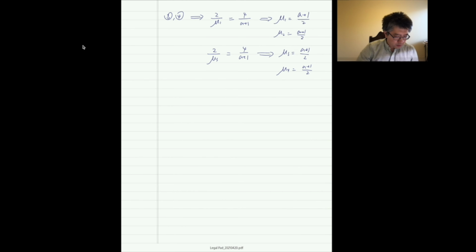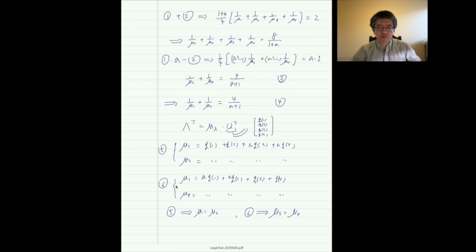Now, we didn't use 5 and 6 explicitly a lot, because we just used that they have the same form. But now that we have this explicit relation, maybe we can do more. So let's write 5 again.